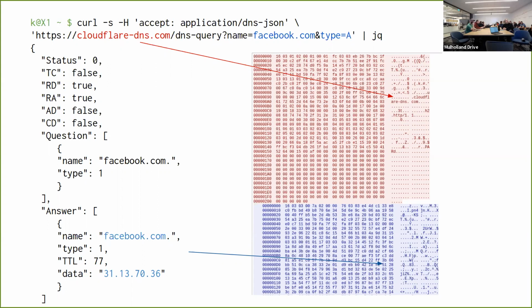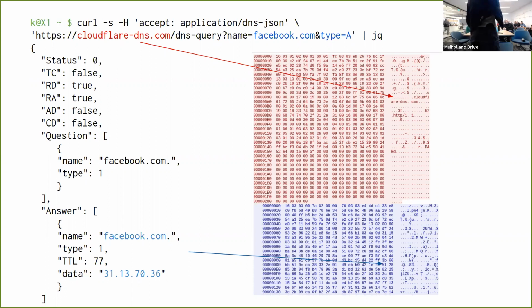So for example, this is an example of doing a DNS query through HTTPS. So Cloudflare is the DNS provider, and then we're hosting it in the form of a GET request. So we're asking, what is the IP address for Facebook, and I want the A record for it, and it'll return back to me as a JSON blob.